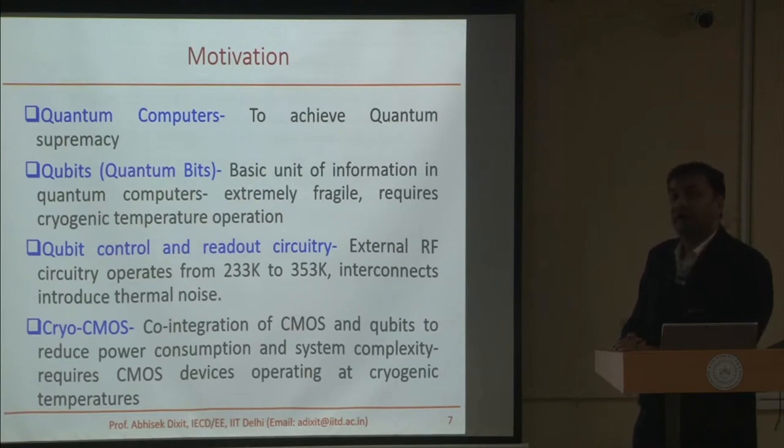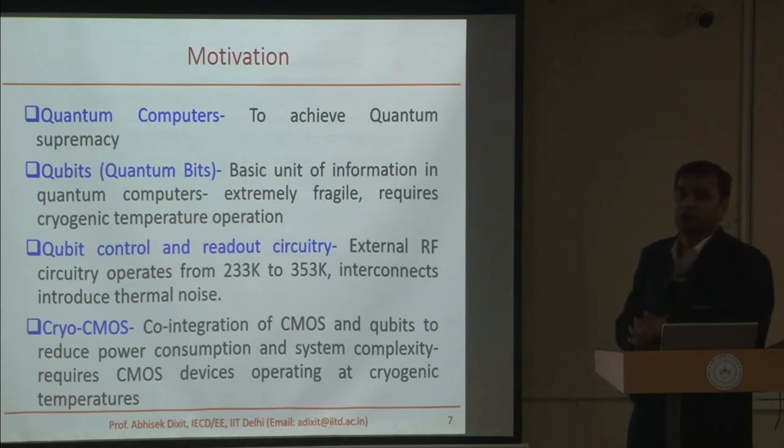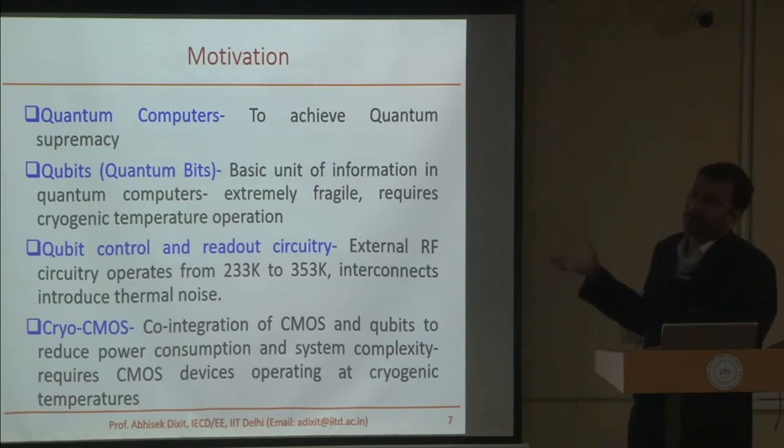So it can in fact take infinite possible states. It can be under superposition, anywhere between a 0 and 1, a linear combination of those two states. Okay, so that's where a bit of quantum mechanics gets involved. It's a very, very interesting research area for students with a physics background, with a quantum physics background.